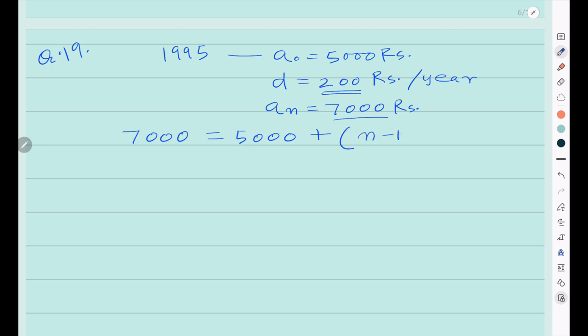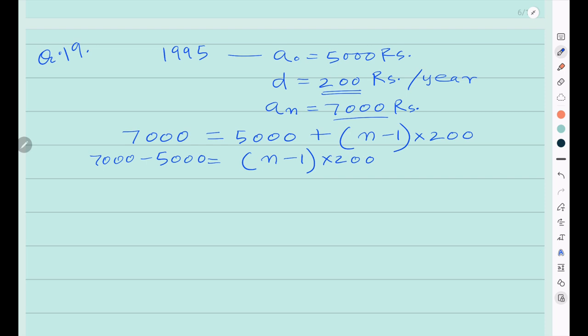And then after n years, with common difference 200, it increased by 200 each year and became 7,000. Have you understood this one? I think it's quite simple, but just try to see it maybe one or two times, then no issues. You can very well find it out.